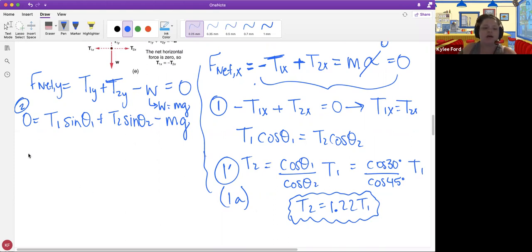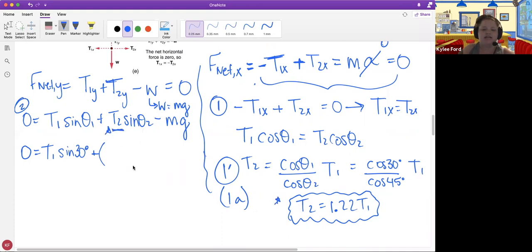So I'm gonna go ahead and put 0 equals T1 times sine of 30 degrees plus, and again, I'm gonna plug in my T2. I'm gonna put a star there and a star here.